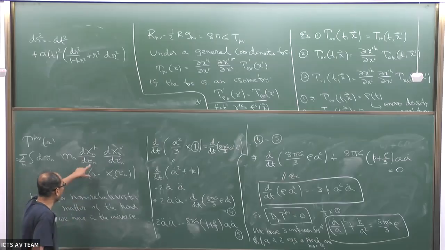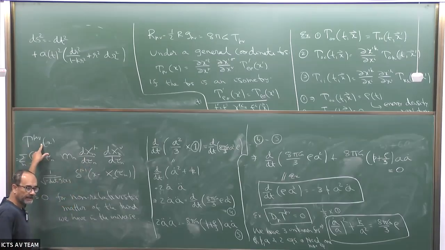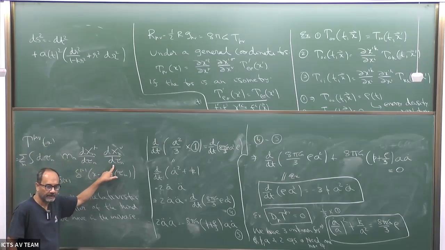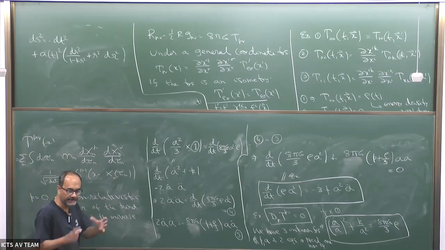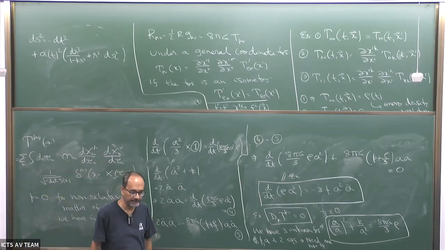Because dx i d tau is very small, and p is the T ij component, what this is saying is the T ij component will be very small. So in the limit v goes to 0, T ij is 0, and that means p is equal to 0, because p is just the coefficient of g ij in the expression for T ij.